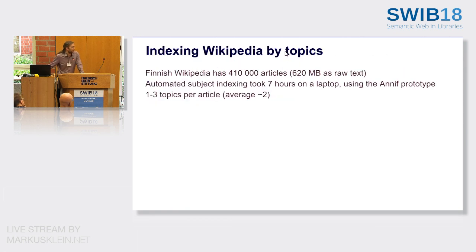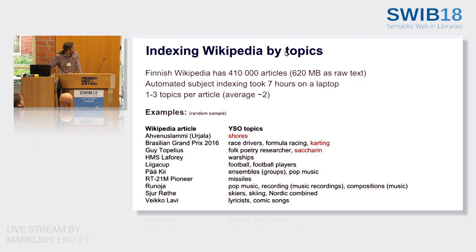Then I did an experiment, this was early with the prototype, but I took the Finnish Wikipedia, which at the time had about 400,000 articles, and just performed subject indexing on this. And so it took about 7 hours on a laptop. I think it would take a bit longer with humans doing it manually. So I got 1 to 3 topics per article.